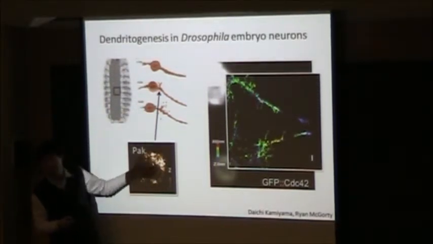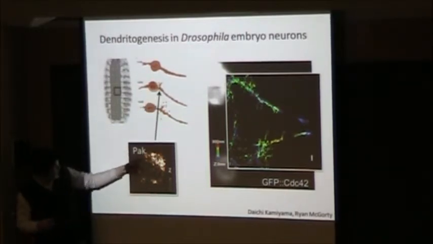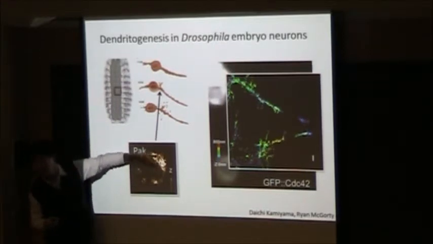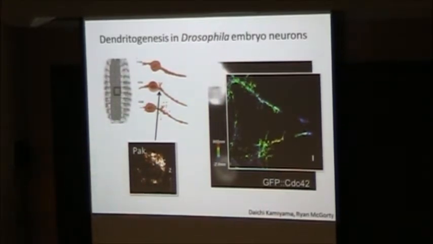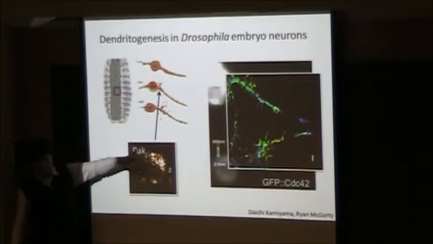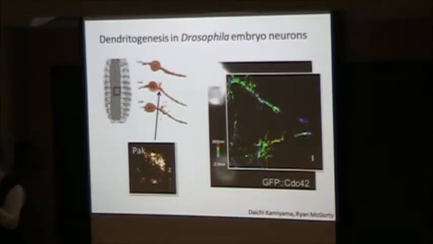So you are looking at the cross section of the neuronal projection. You can see this protein pack is accumulated towards this upper side, and that's where the dendrite is going to grow out. And so this is some of our efforts trying to clarify what's the mechanism that tells at this time, at this point, the dendrite is going to grow out.